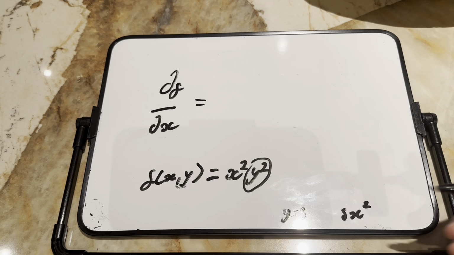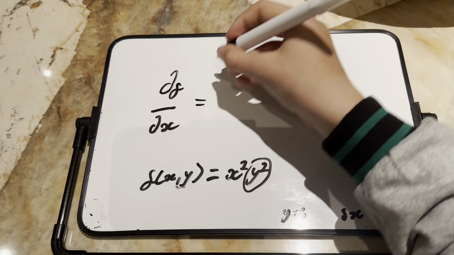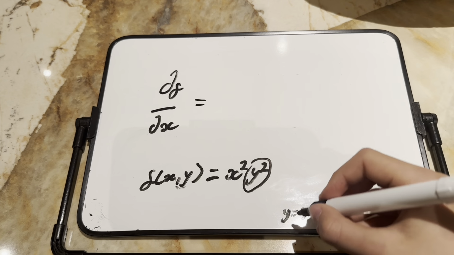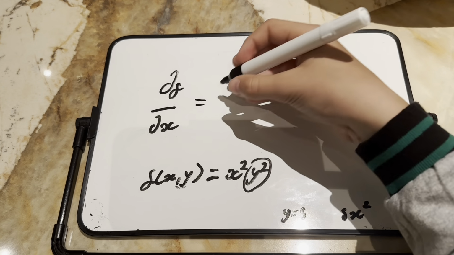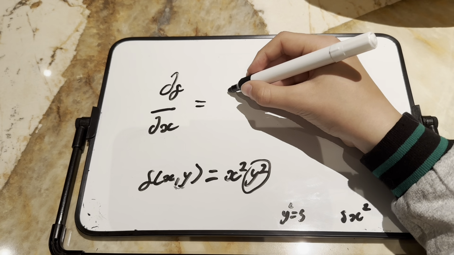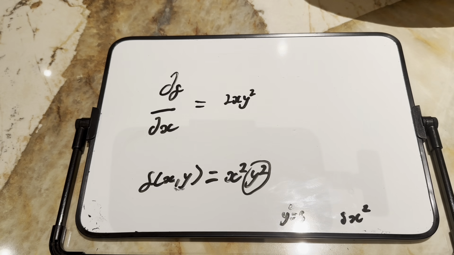What's the derivative of 5x squared? It is just 10x. So instead of writing 10x, you actually have to substitute y back in. In this case, it's y squared. And we get 2xy squared.